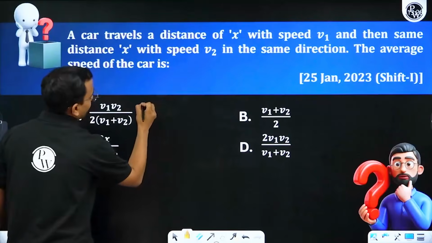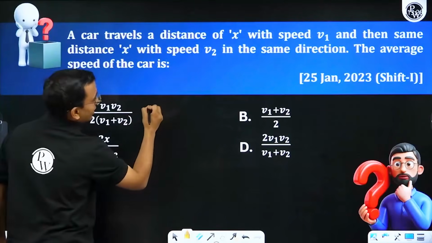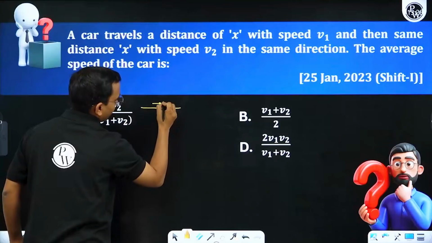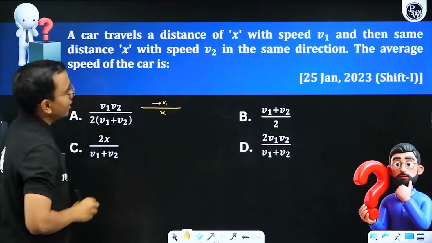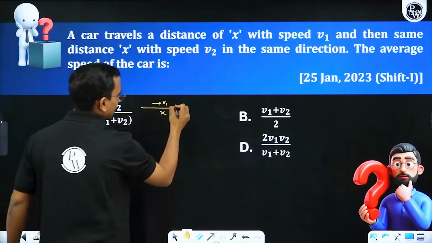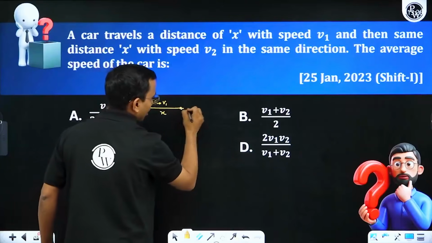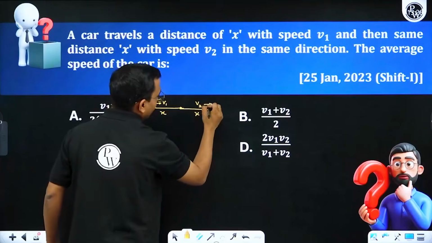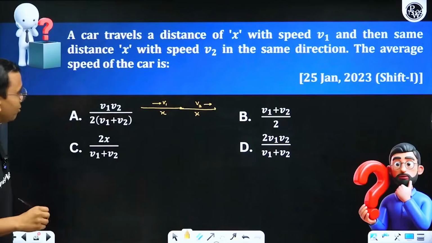Now first it covers a distance x and here the speed was v1. Then it's saying the same distance x with speed v2, and then we need to find the average speed.